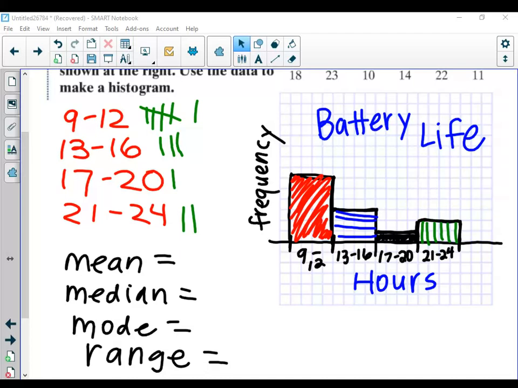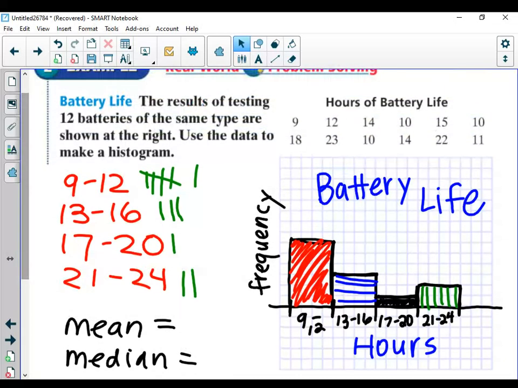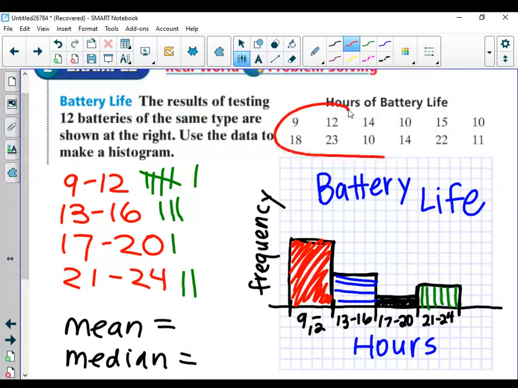Some people might choose to go back up to the data up here. Whose strategy is better? Whatever you feel comfortable doing.